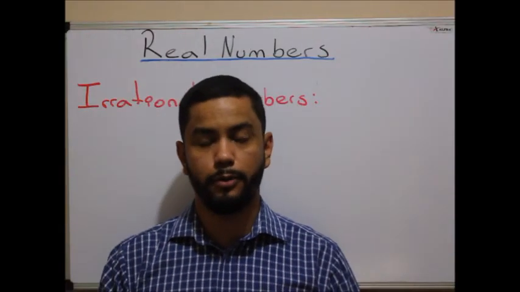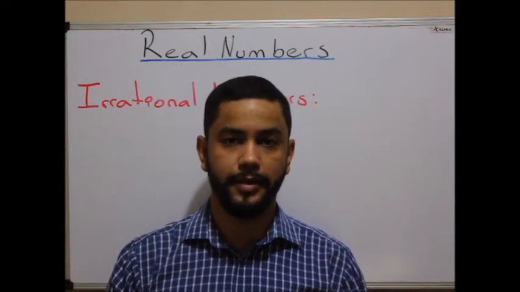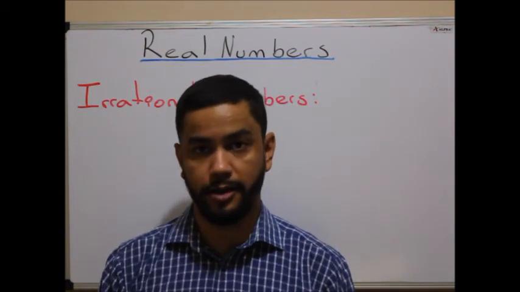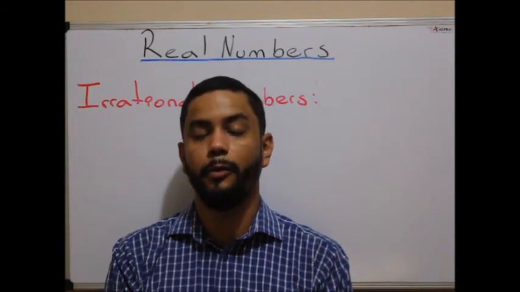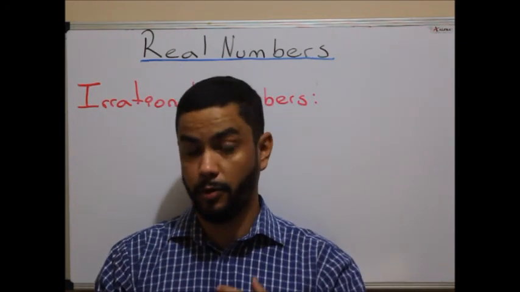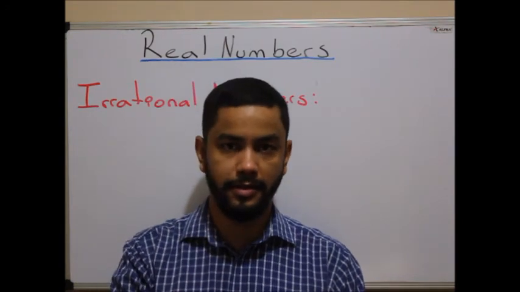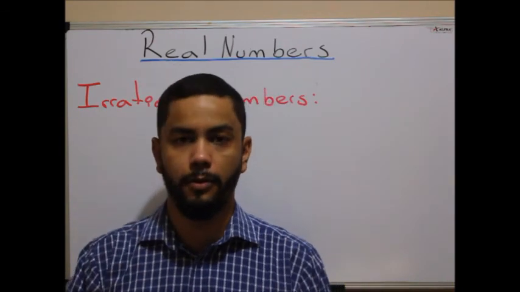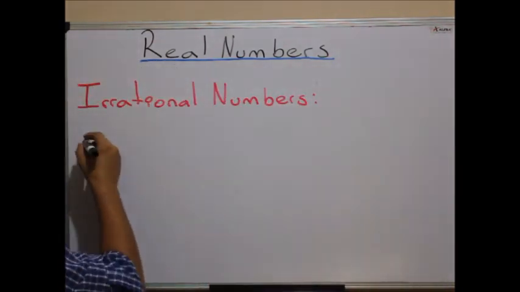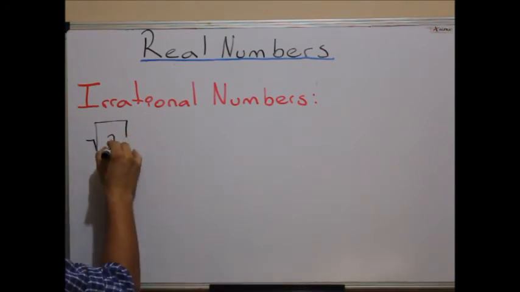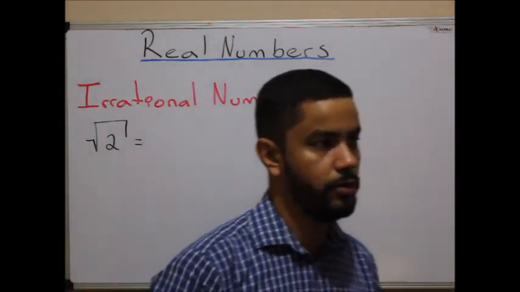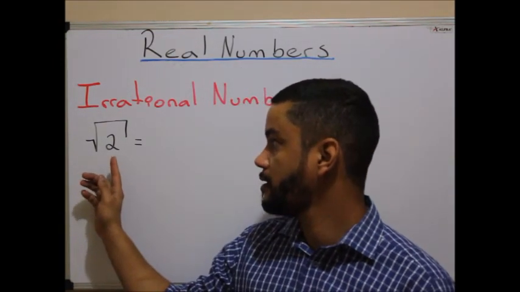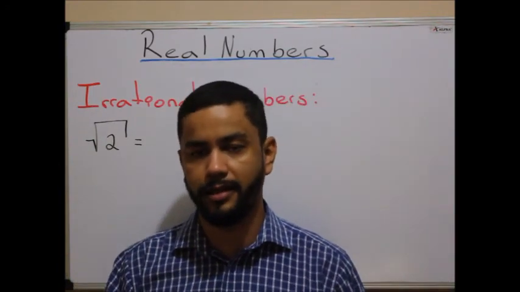We've been working with rational numbers, and we already saw that we're capable of writing any rational number as a fraction. So when you can do that with a number, that number is a rational number, and it can be easily placed on a number line. But what happens when we have numbers such as the square root of 2? You already know what a square root is. That means that we need to look for two numbers that when we multiply them we get 2.